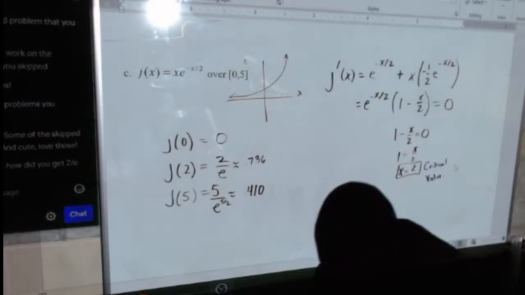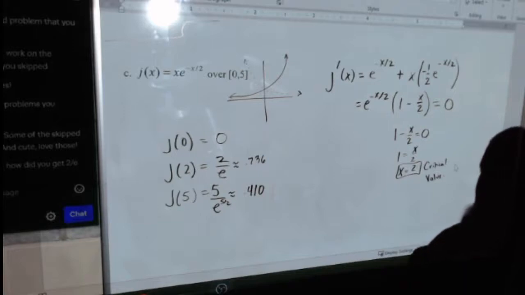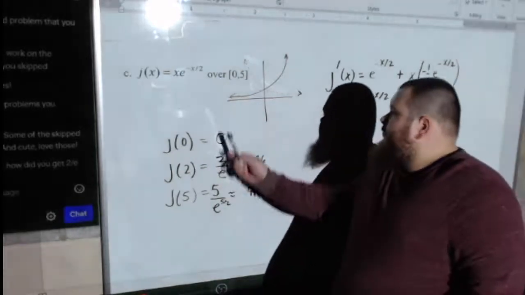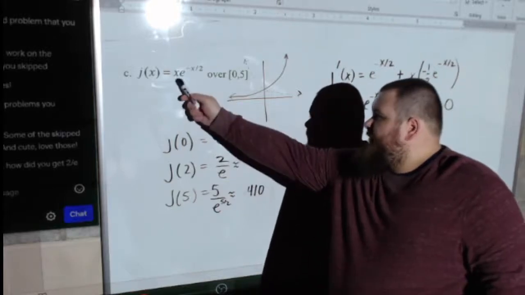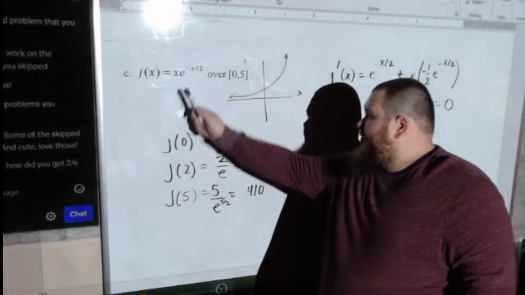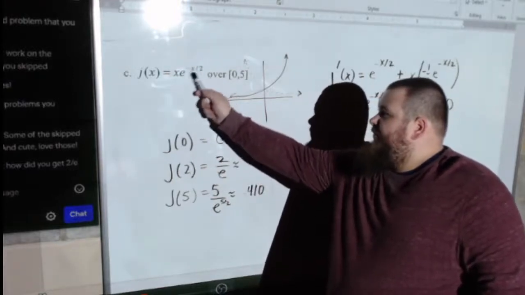So by the closed interval theorem, 2 over e, if I plug 2 into the original function, there's a 2 there for the x, and then this would be e to the minus 2 divided by 2. That's a negative 1.